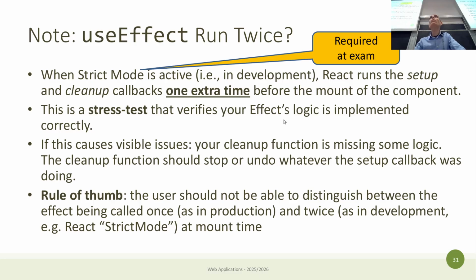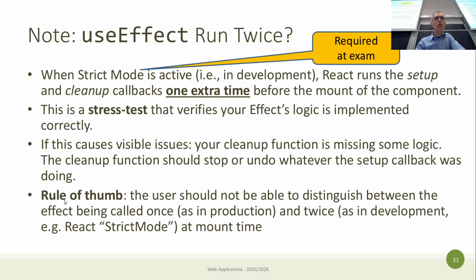If your web application is not working correctly because of this, there is something wrong in your application code. So if this causes any issue, either you should use a cleanup function, or you should do another kind of operation at mount time, and not an operation that cannot be repeated, and so on.